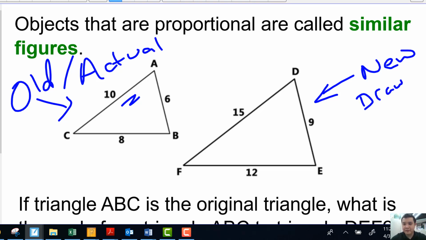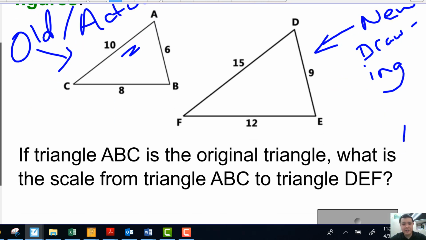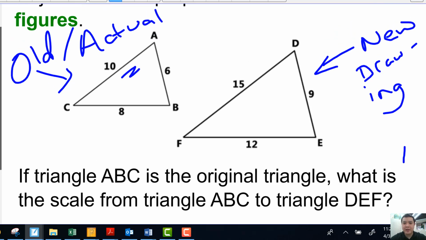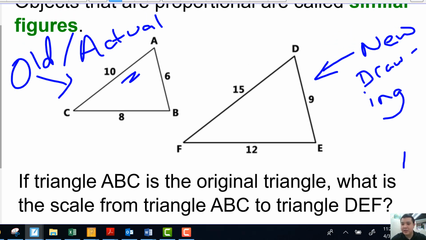Okay, so every single one of these lengths is enlarged by the same amount, or excuse me, by the same factor. So here, if triangle ABC is the original triangle, which we said it was, what is the scale of triangle ABC to triangle DEF? That is, what do I have to multiply each one of these lengths by to get the lengths of the other triangle, DEF?